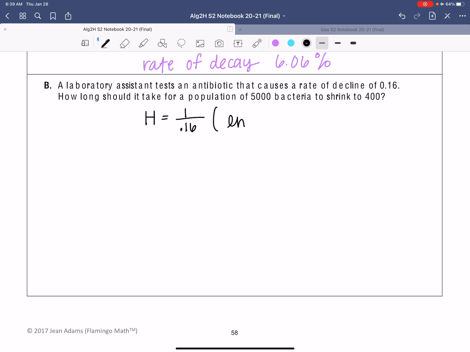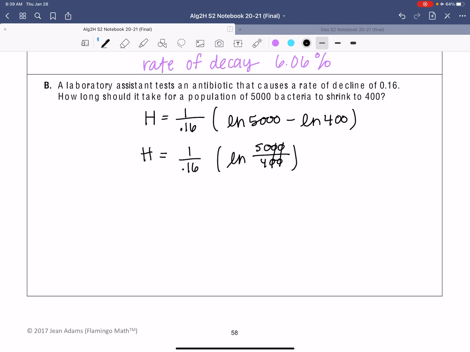Natural log of my original 5,000 minus my natural log of 400. So we're going to get H equals 1 over 0.16. Let's condense these to be our natural log of 5,000 over 400.